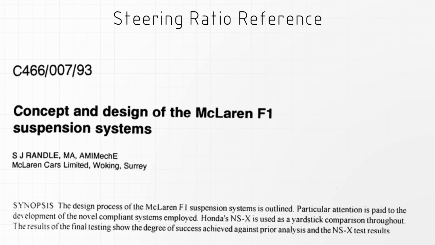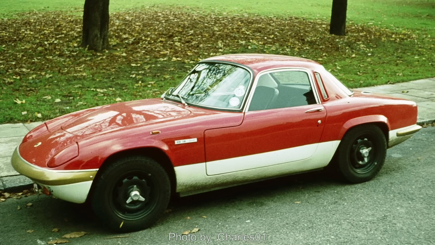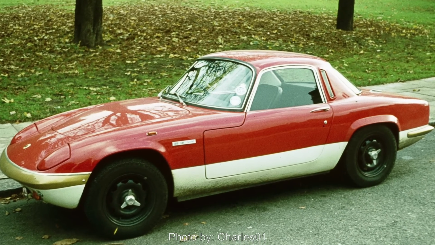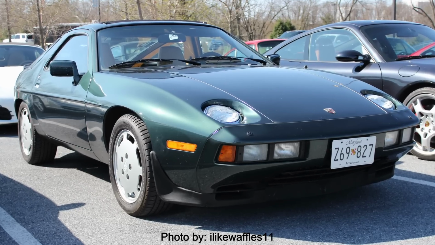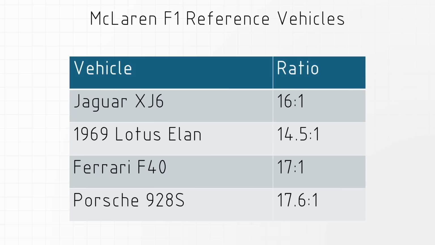They gathered the Jaguar XJ6, the Lotus Elan, which is well known for being a very responsive car, a Ferrari F40, and a Porsche 928S. And if we have a look at the ratios there, the Jaguar was a 16:1, the Lotus Elan a very fast 14.5:1, and the Ferrari F40 a 17:1, and the Porsche 928 a 17.6:1.